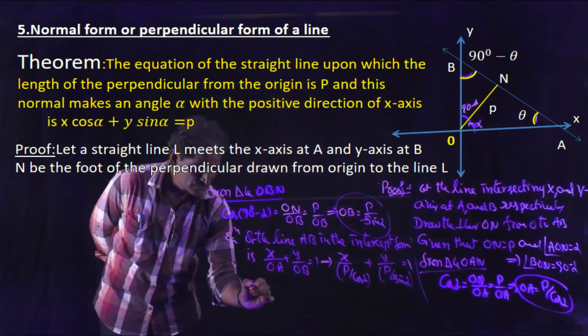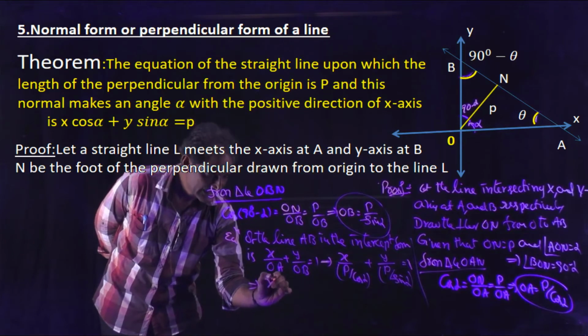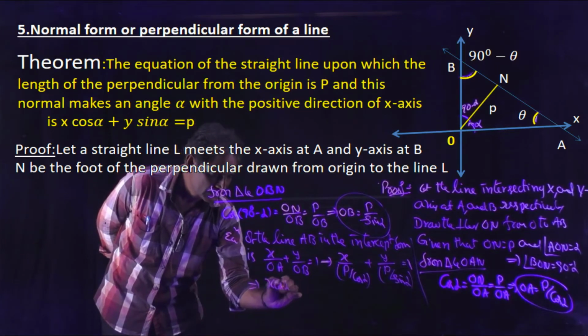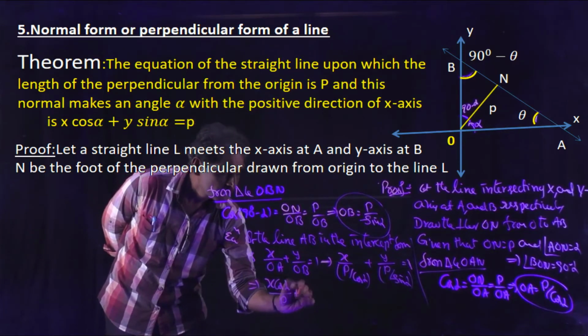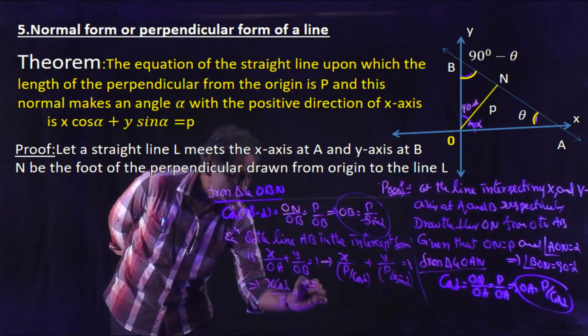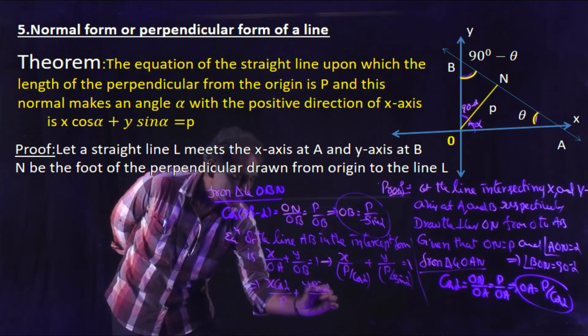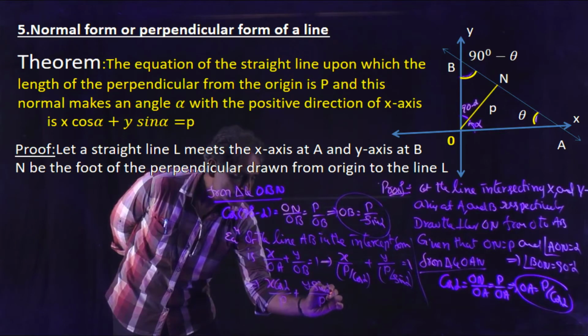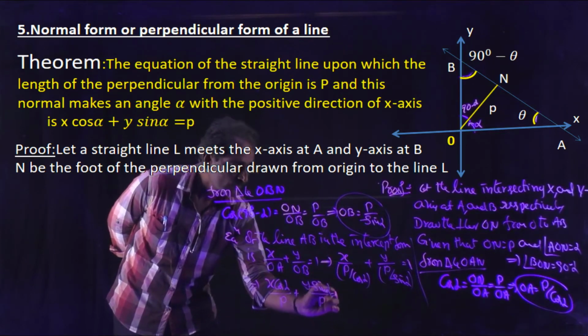Now from this we can write x cos alpha by p plus y sin alpha by p is equal to 1.